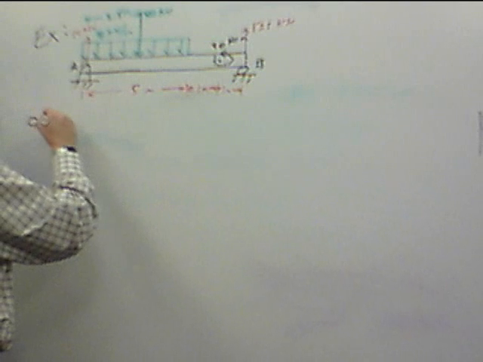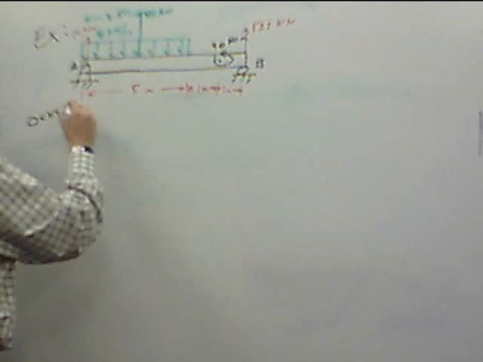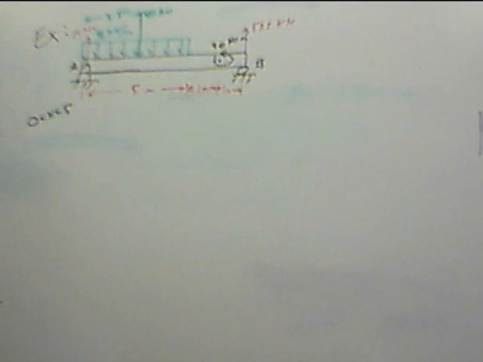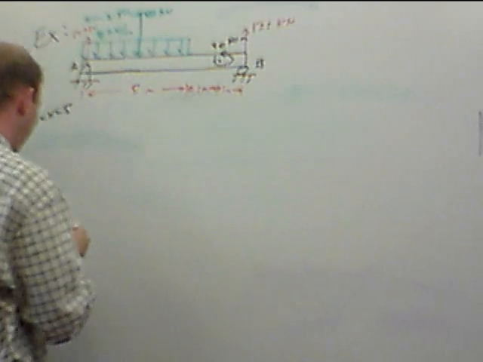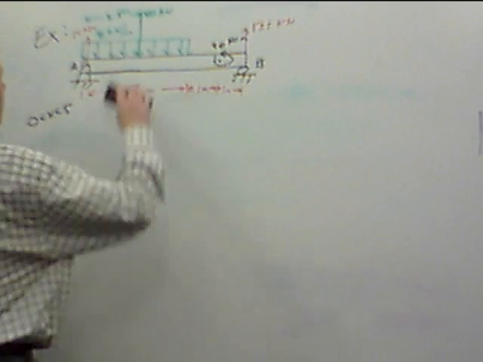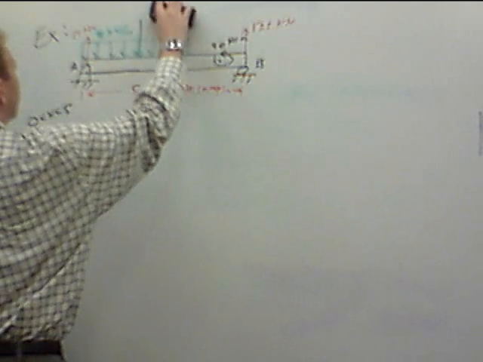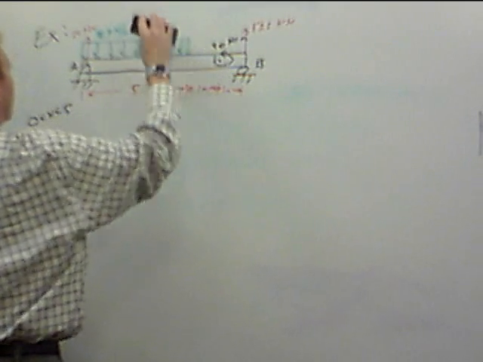So again, we're going to look at 0 less than x less than 5, so the range between 0 and 5 meters. Okay, we are going to go back to our pure distributed load here. This is an important detail.